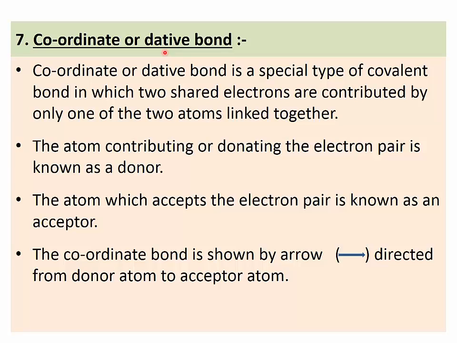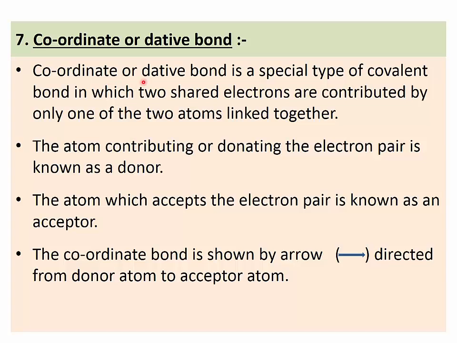But in a coordinate bond, what happens? The electron pair, the two electrons required for formation of the bond, is contributed by only one atom. At that time, the bond formed is called a coordinate bond, or a dative bond.